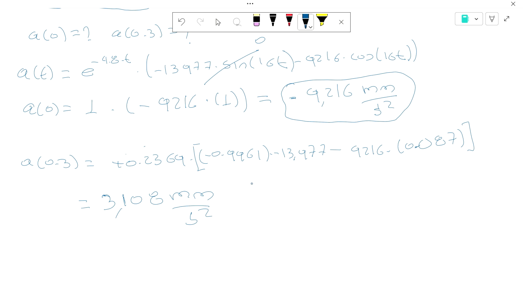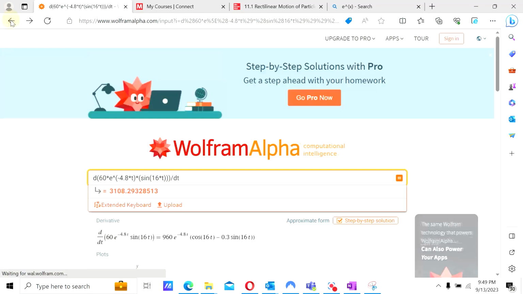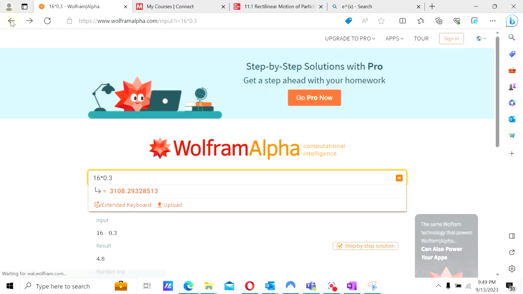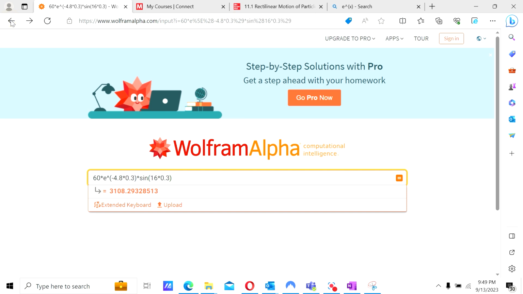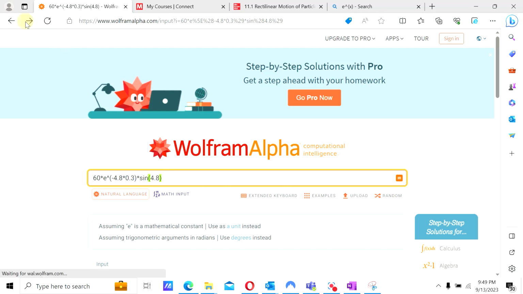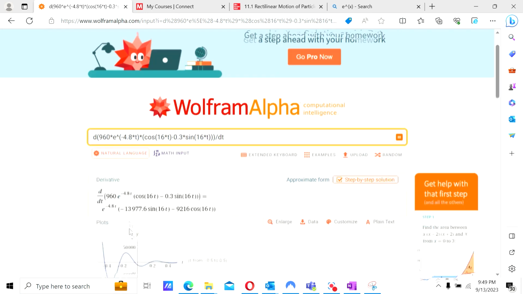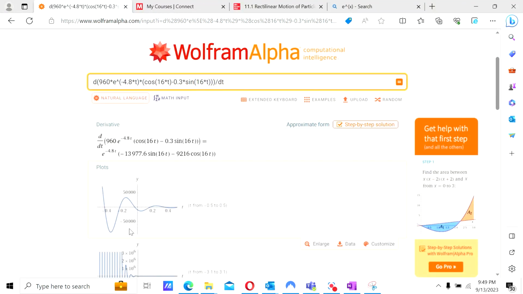So basically, let's plot this function, the second derivative. I thought we had plotted this. Yeah, this is it right here.